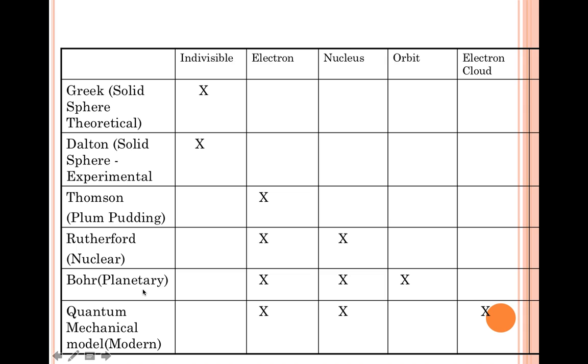Bohr's planetary model said, well, they have orbits, they have these specific energies, and so they orbit like planets around a sun. So he proposed energy levels and orbits. And then in the 1920s and even through today, we're looking at more nuanced versions of this and saying, well, they do have certain energies, but those energies don't make orbits, they make more like areas of probability or the electron cloud.